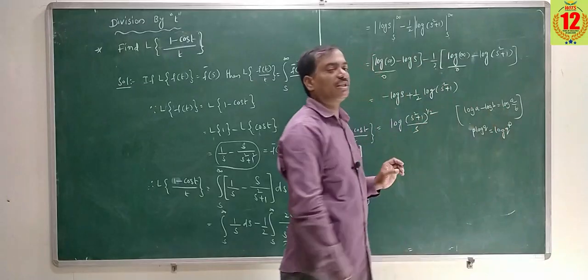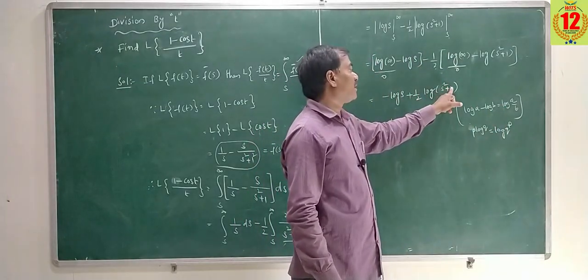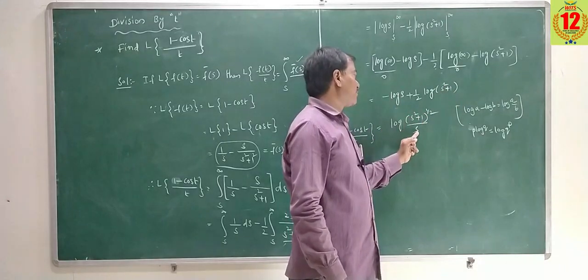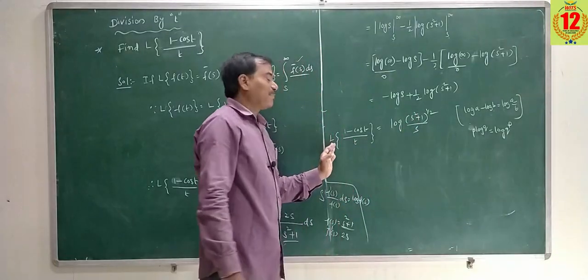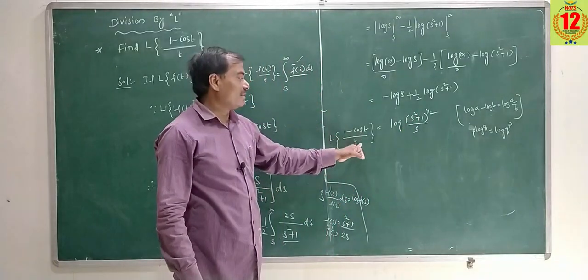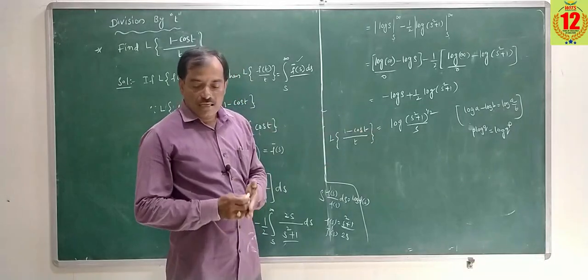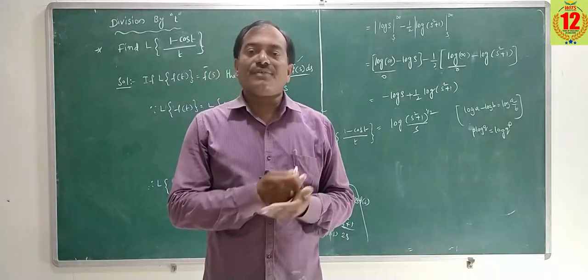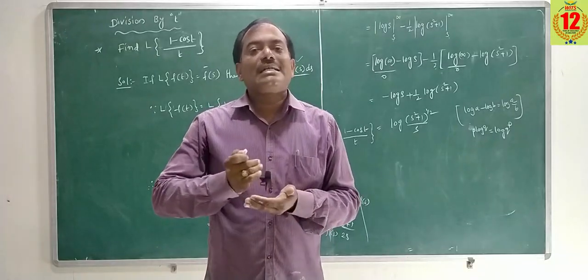So this is also a log property. So that's why this 1 by 2 can be written as the power of s square plus 1, and minus log s is there, so it can be written as a by b. Okay, so the Laplace transform of 1 minus cos t by t equals log of s square plus 1 whole power 1 by 2 by s. So this is the process of finding the Laplace transform of the given functions when the function is divided by t.